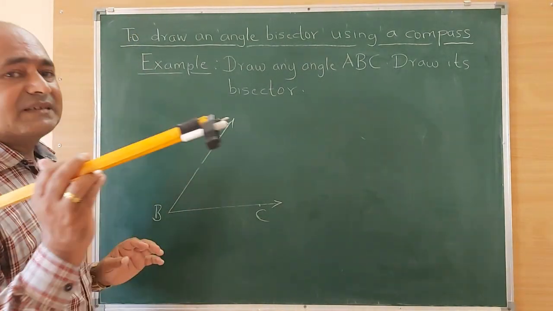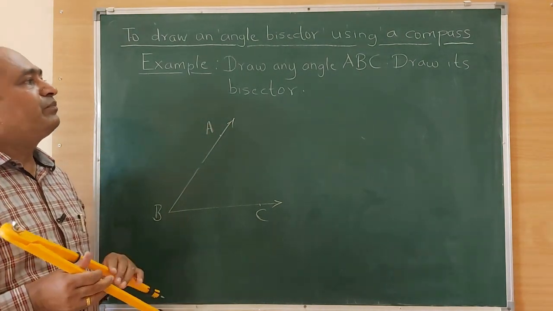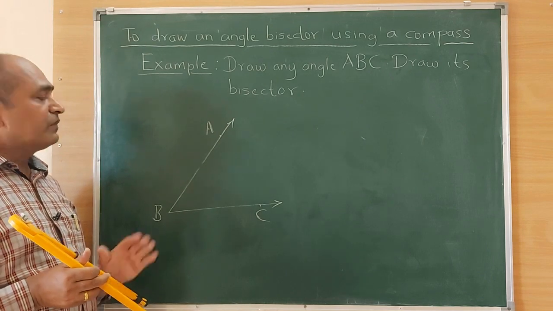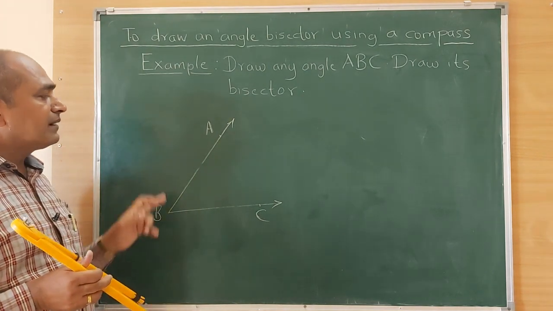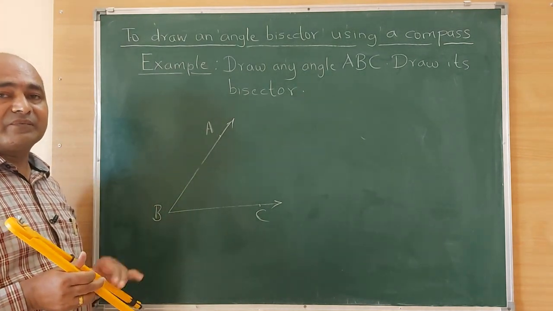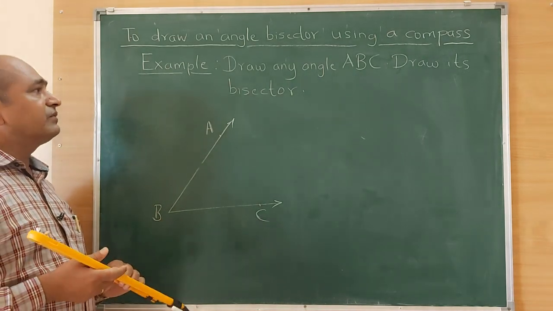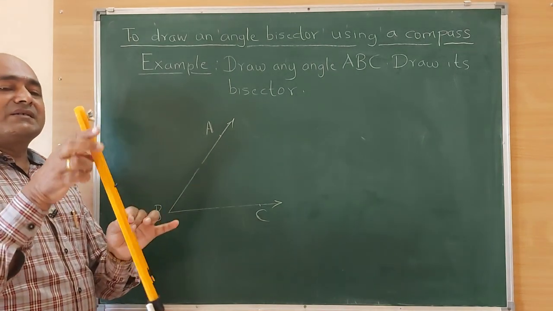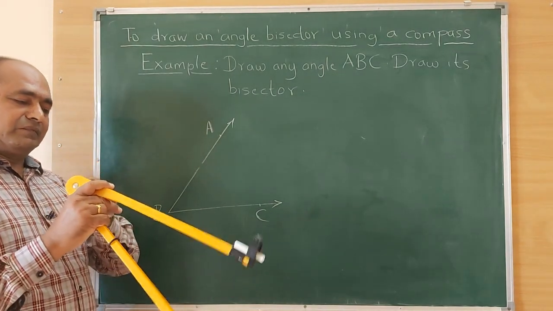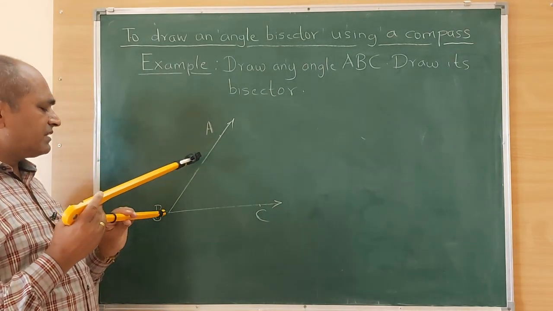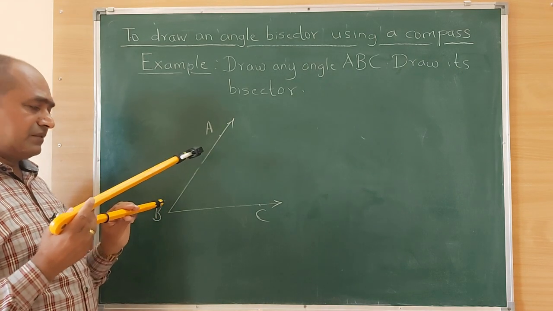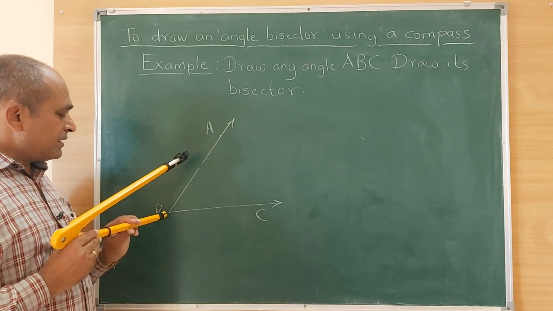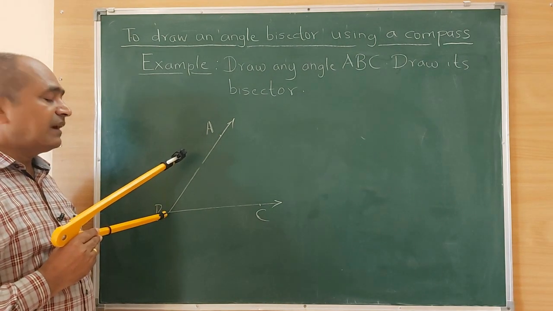So using this compass, I'll show you how to draw an angle bisector which bisects this angle ABC. Now first of all, by taking a convenient distance, means whatever distance you find convenient, put the tip of the compass on the vertex of the angle.